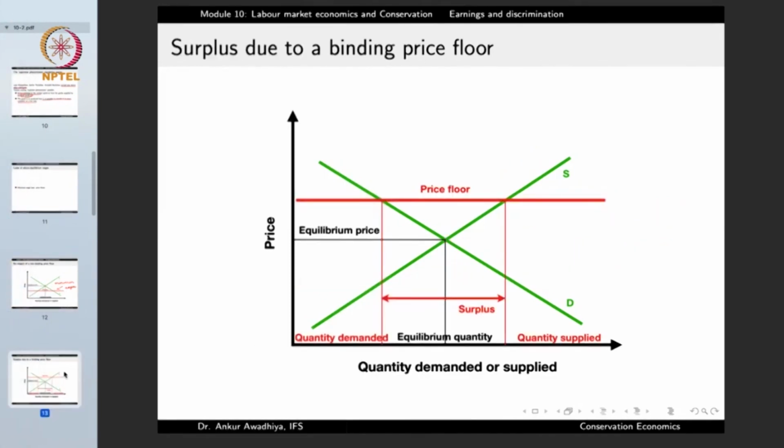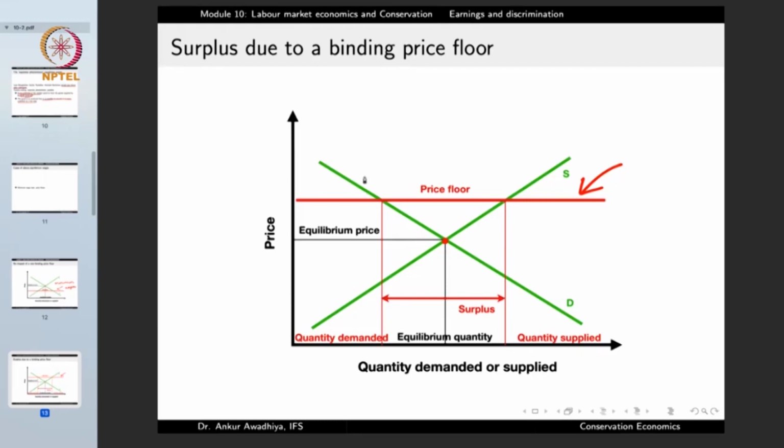But in case the minimum wage, which is shown by this red line, is more than the natural market equilibrium that is shown by this point, so in that case, there will be a difference between the quantity that is demanded at this price.